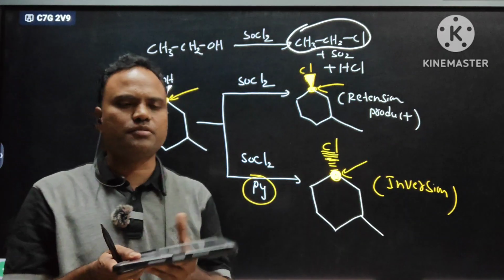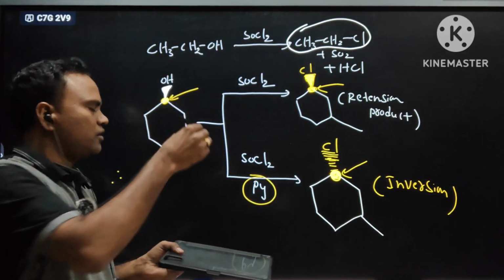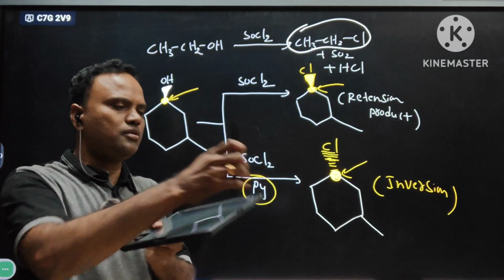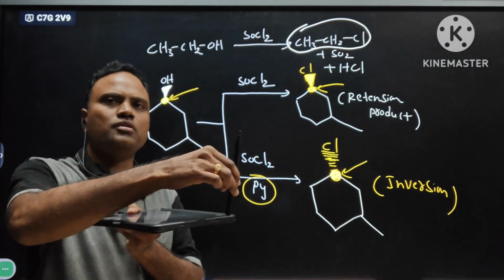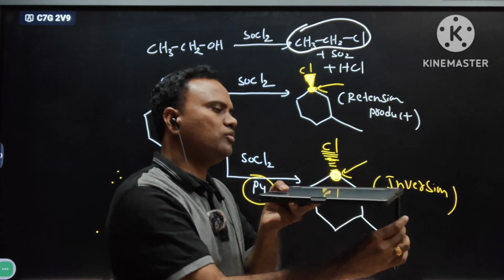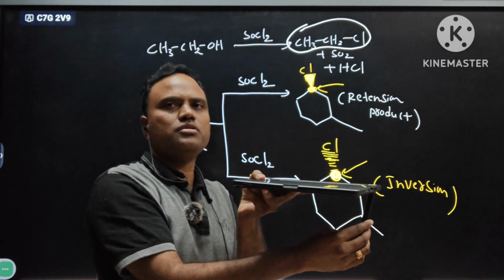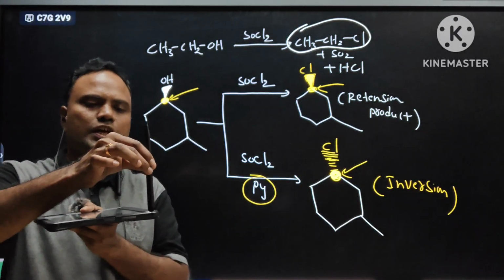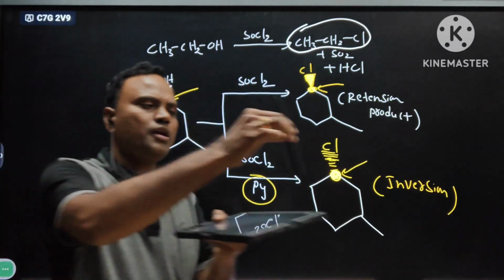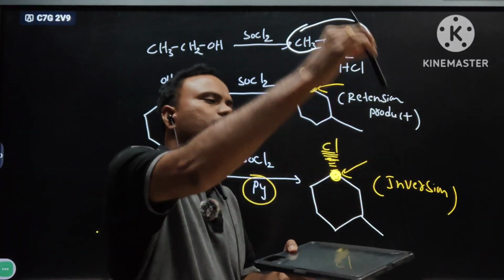Let us consider this as a 6-membered ring. In the reactant, OH is above. In the product, Cl is below, like this. That is called inversion.